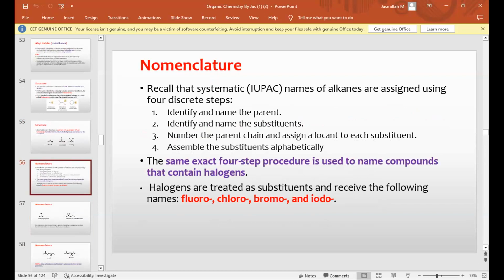The same four-step procedure is used to name compounds that contain halogens. Depending on the halogen bonded to the alkyl group, we use the prefix fluoro, chloro, bromo, or iodo.